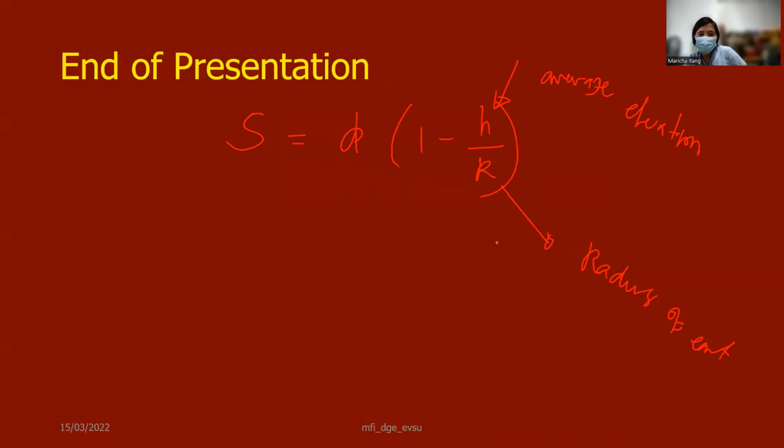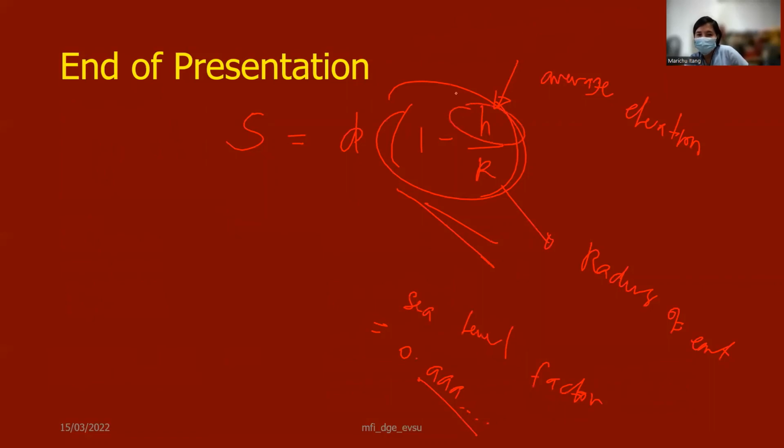Okay? And then this here, itong buong value known as the sea level factor. So this ranges from 0.99999 something, but this 0.99 is not constant since nag-change with respect to the value ng H. Okay?